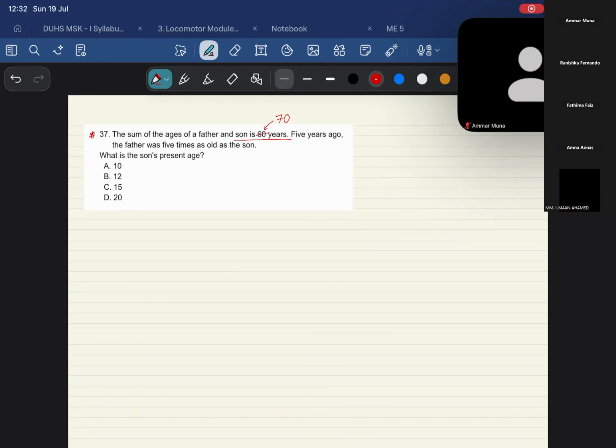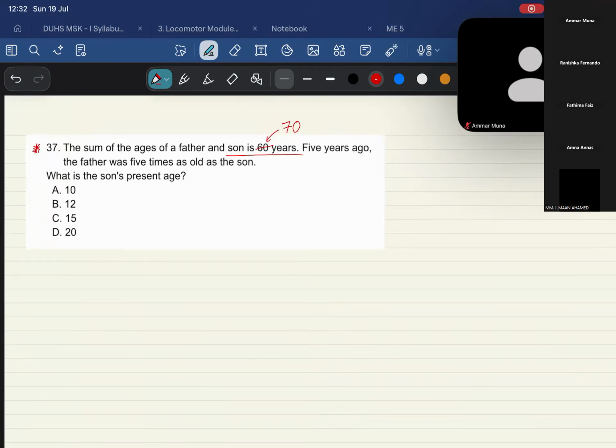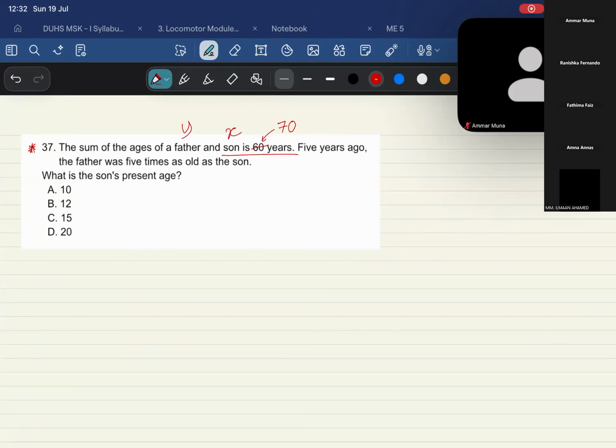So let's attribute the son's age as X and the father's as Y. Sum of ages of the father and son is 70. So X plus Y equals 70. 5 years ago, the father was 5 times as old as the son. So 5 years ago, the father was Y minus 5, and the son was X minus 5.